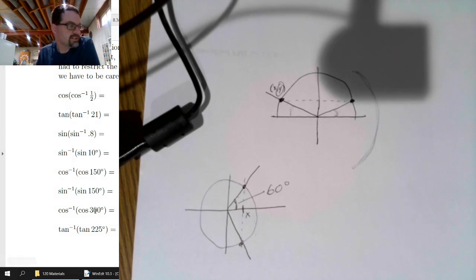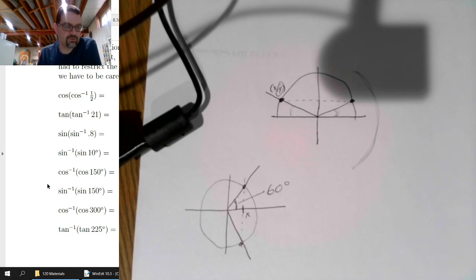So the cosine of 300 is some number. It's 1/2 actually. Inverse cosine of 1/2, though, doesn't give you 300 degrees. It gives you the angle, but in quadrants 1 or 2, whose cosine is that number. Inverse cosine of 1/2 gives you 60. 300 is just in the same reference angle family.